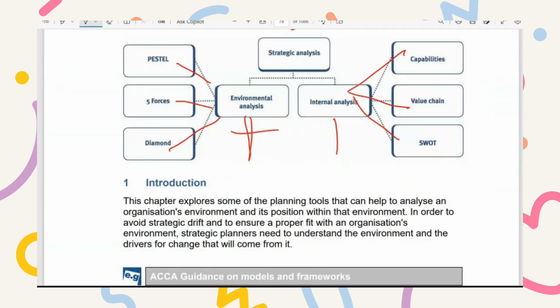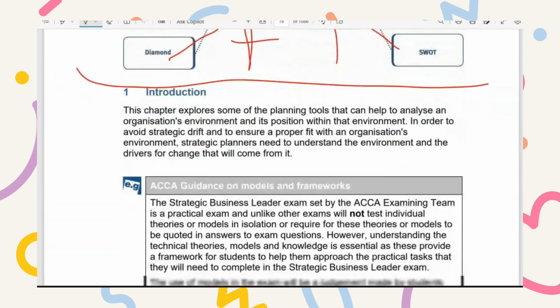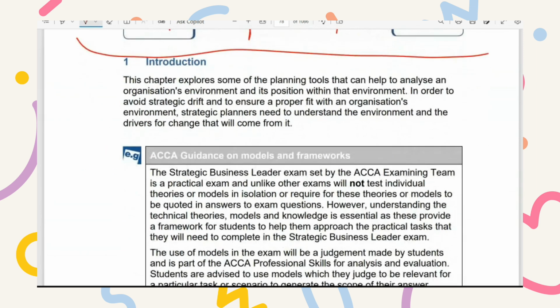This is the whole agenda of our chapter today.